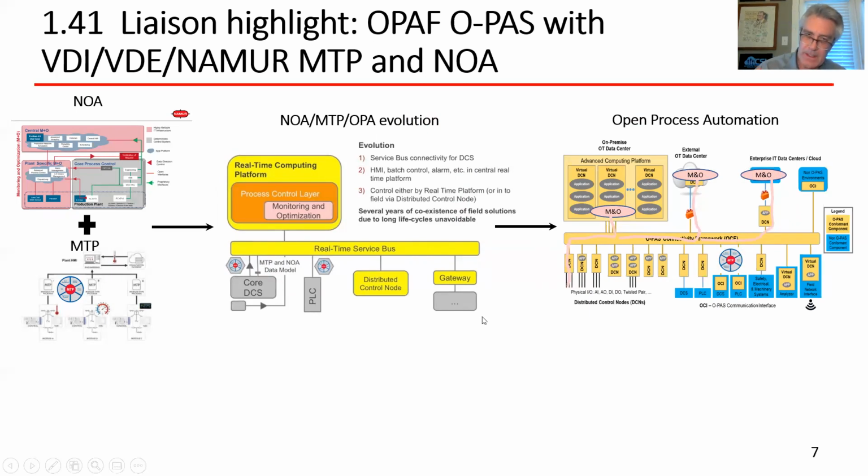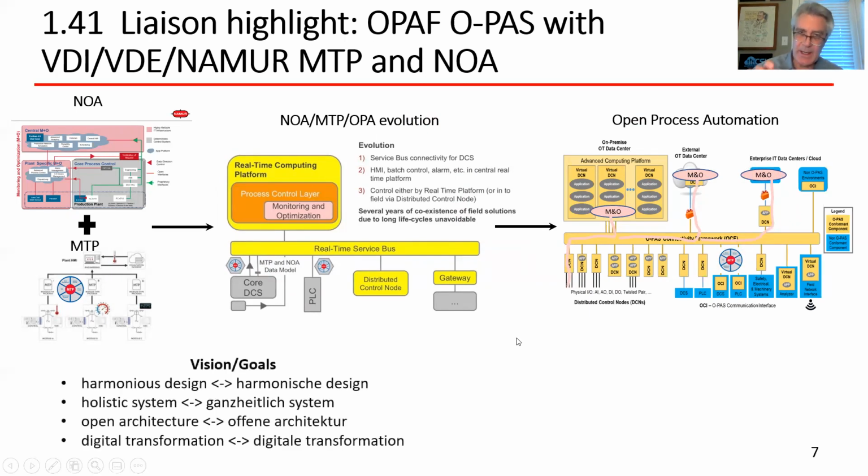So the goals and the vision that I want to share with the remarks here at ACHEMA Pulse are stated here as follows. Rather than point solutions, what we're really trying to accomplish is a harmonisches Design, ganzheitliches System, offene Architektur und die Plattform für digitale Transformation.